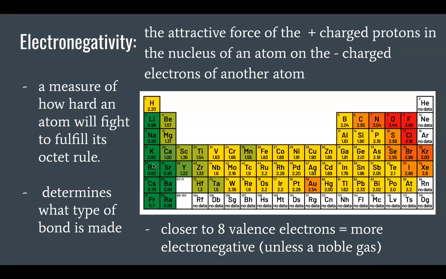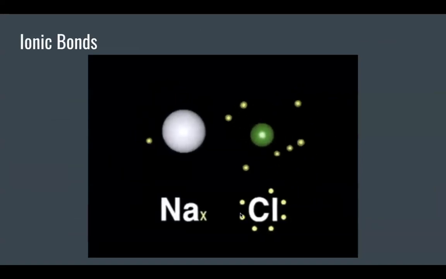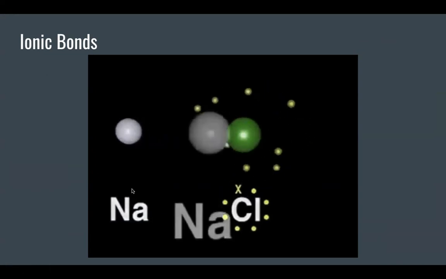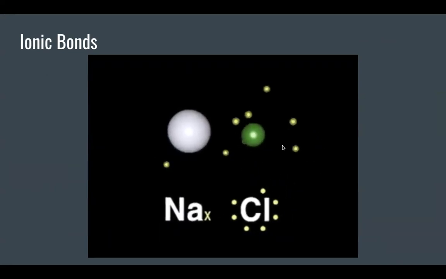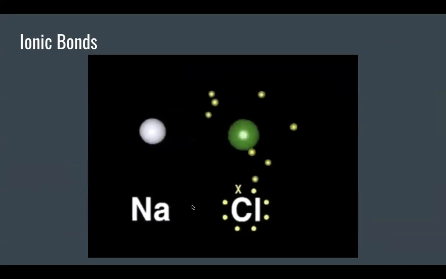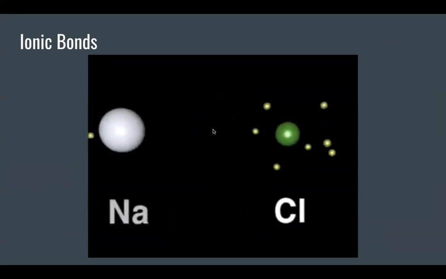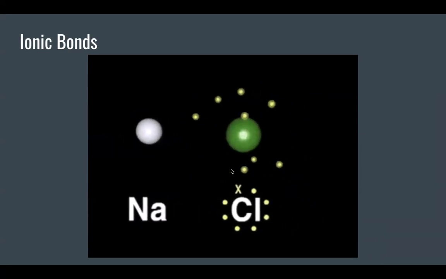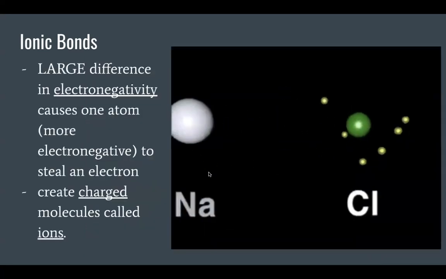So what does it look like when an atom steals an electron? Let's go back to ionic bonds. This is sodium chloride. Sodium normally has 1 electron in its outermost orbital, and chlorine has 7 electrons in its outermost orbital. When these two elements interact, chlorine is going to steal the electron from sodium. And that's going to give these two elements a charge.